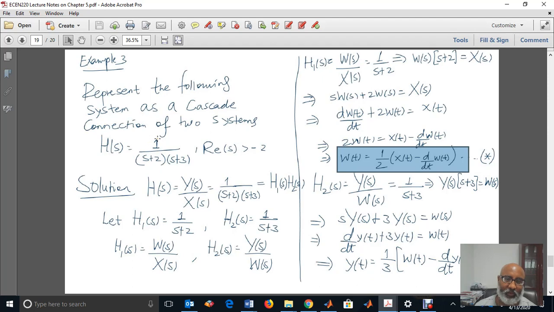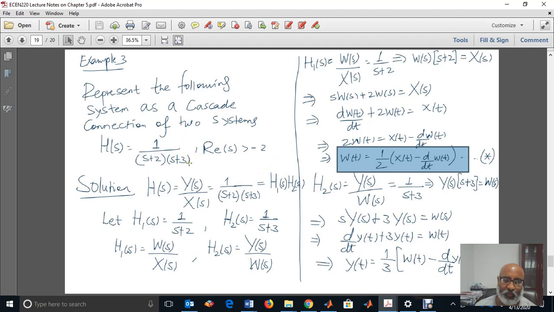So Y1(s) over X(s) is A over (s plus 2), and Y2(s) over X(s) is B over (s plus 3). So I have the two systems having the same input, x(t). H1 is A over (s plus 2), H2(s) is B over (s plus 3), and I have outputs y1(t) and y2(t).